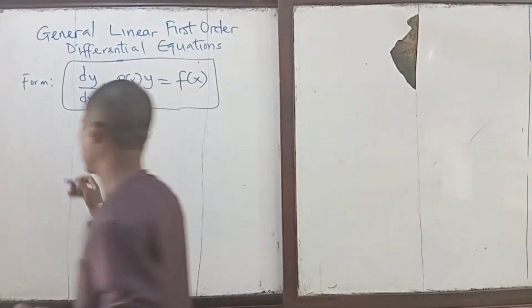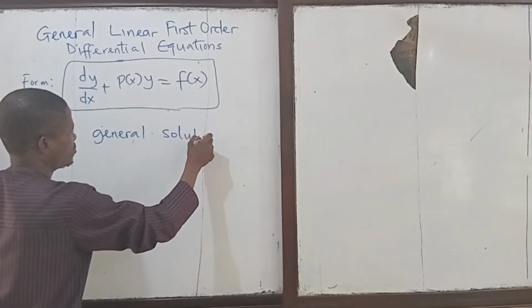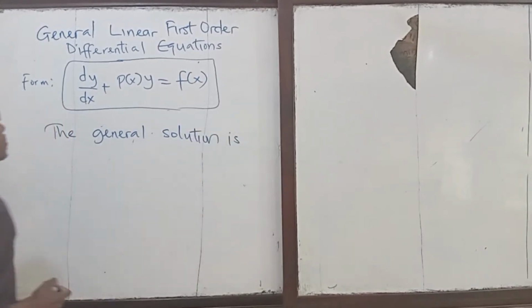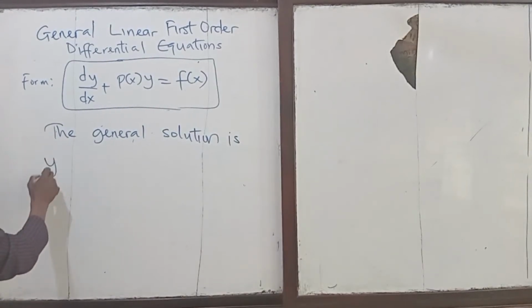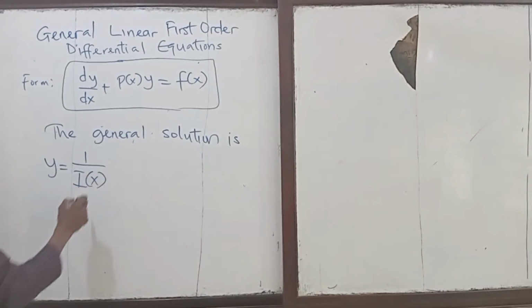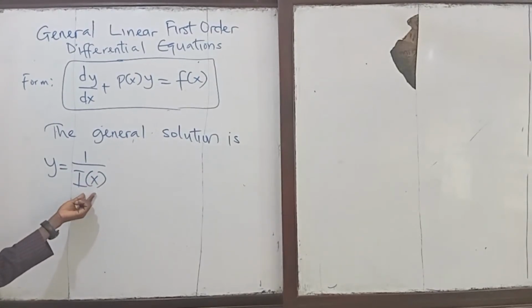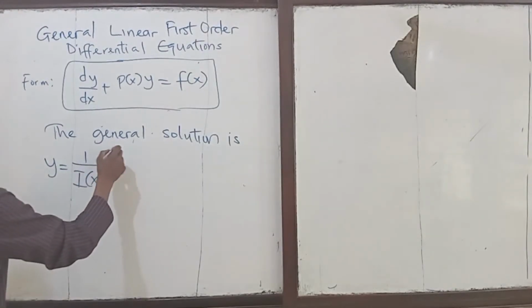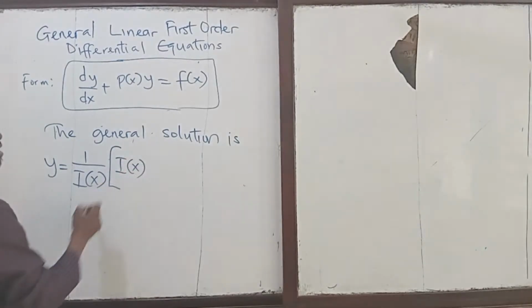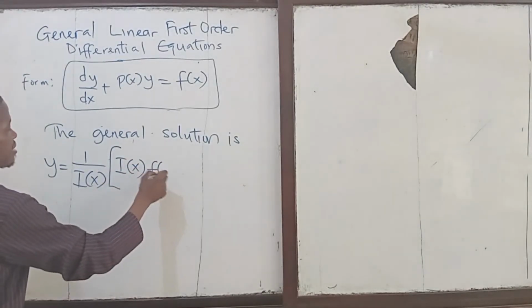The general solution for linear is y equals 1 over the integrating factor, open brackets, the integral of the integrating factor times f of x.